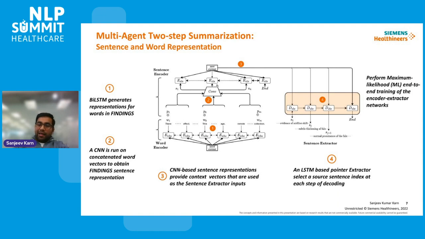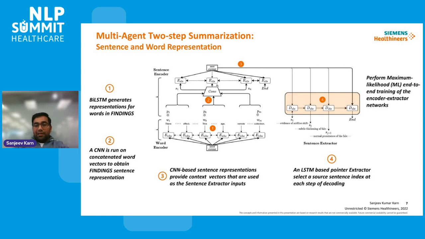During decoding, as you see on the right, at each step it aligns its hidden representation with all the sentence representations and obtains an attention distribution. This attention distribution is used to select one of the sentences out of the findings, and that is done at each step.